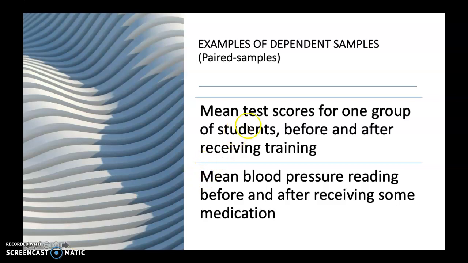The first is mean test scores for one group of students before and after receiving training. The second is mean blood pressure reading before and after receiving some medication. You can see the terms before and after: we measure the scores for the dependent variable before and after receiving certain interventions, training, medication, or any other treatment.